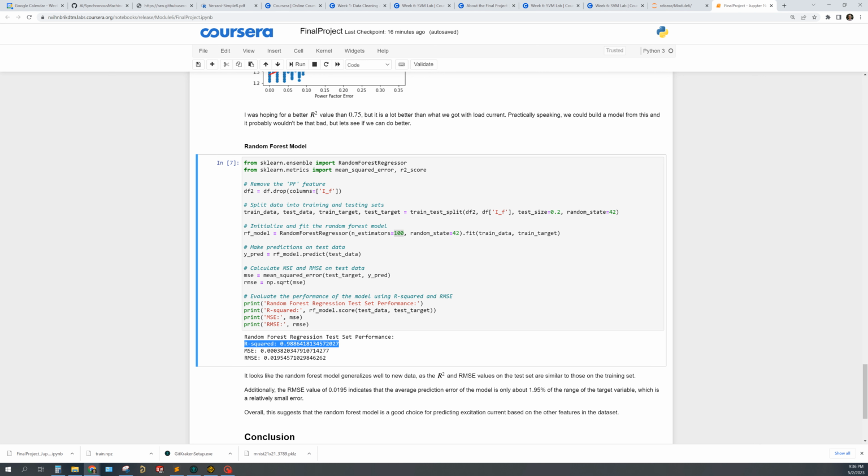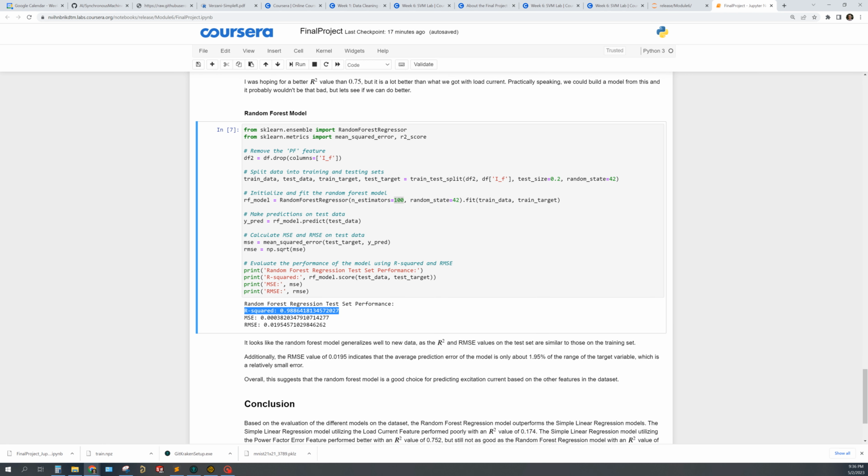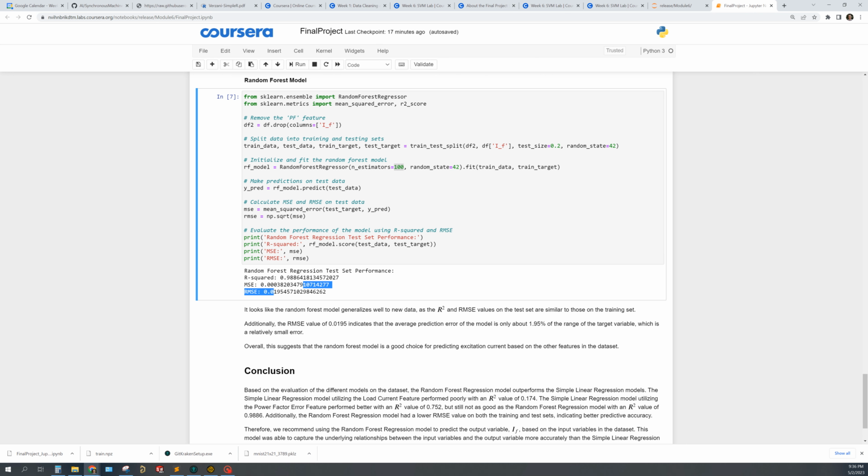It just blew the linear regression models right out of the water. That was very impressive to me. I also had MSE and RMSE values that were very, very low, indicating better predictive accuracy. That was very enlightening as well.